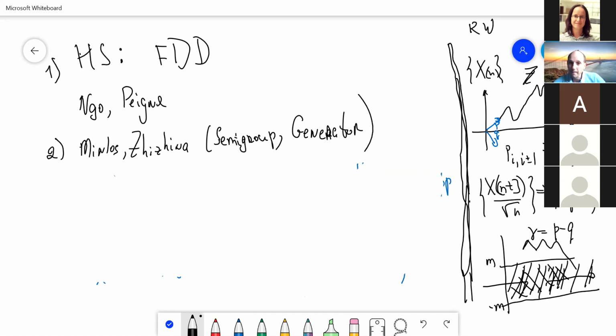And if you have convergence of semi-groups, then it's closely related to weak convergence of processes.